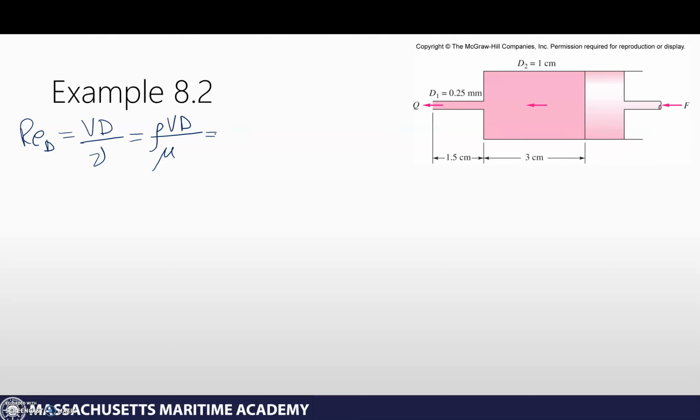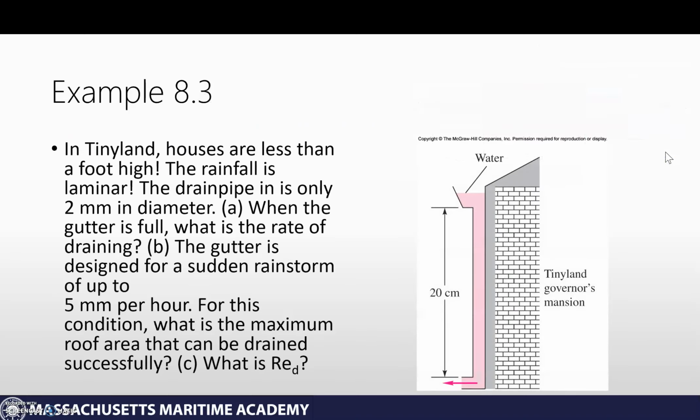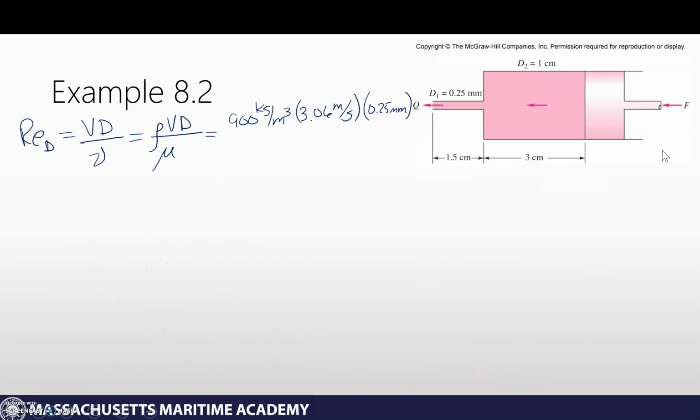So if I plug those in, I have a density of 900 kilograms per cubic meter. I have a velocity of 3.06 meters per second, and then I have my diameter, 0.25 millimeters, which we're going to multiply by 1 meter over 1,000 millimeters.